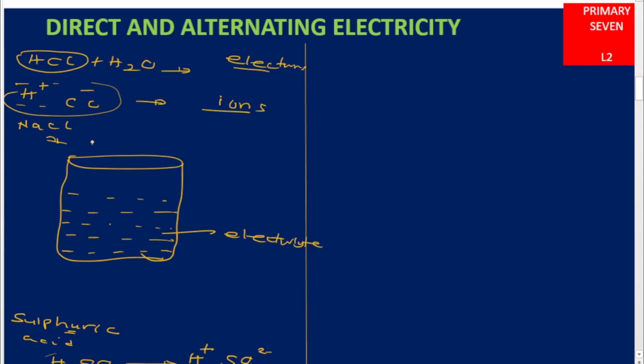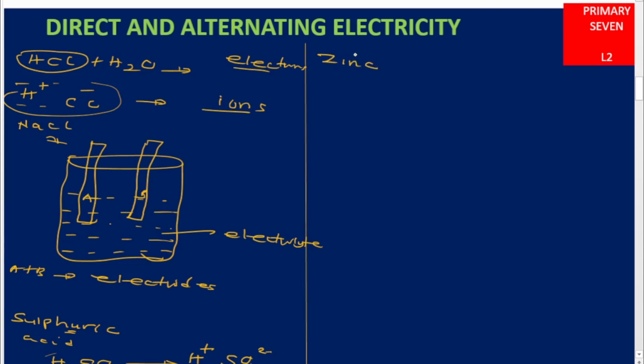Then after that, we are going to dip in our electrodes. This is an electrode, and this one is also an electrode, this A and this B. The general name given to them is the electrodes. But remember, we have the positive one and the negative one. At our level, we normally use zinc, and also pure copper.